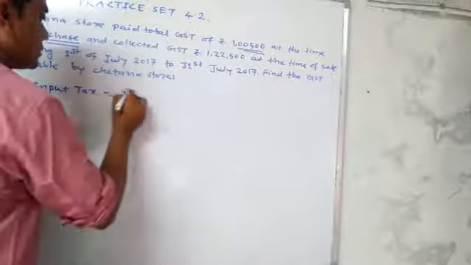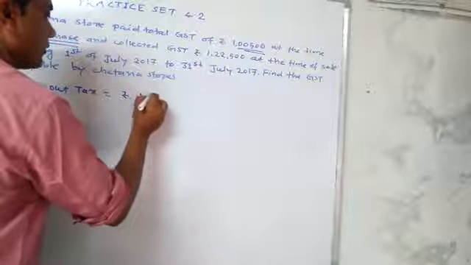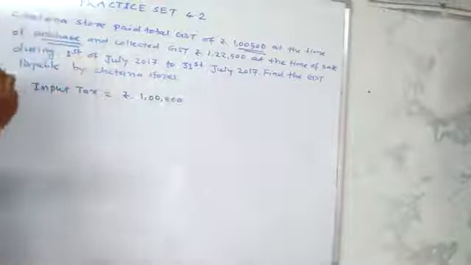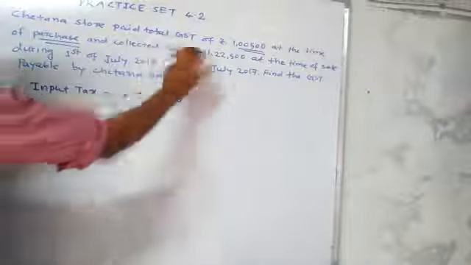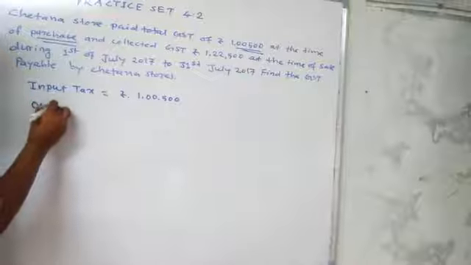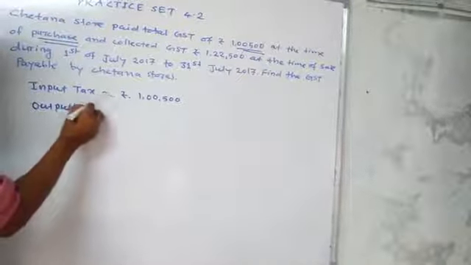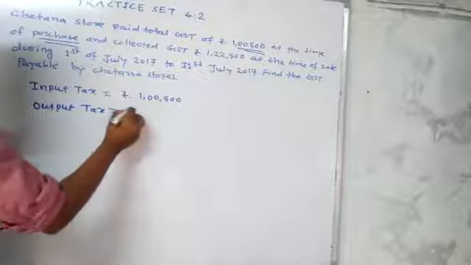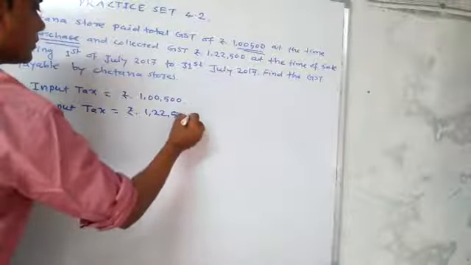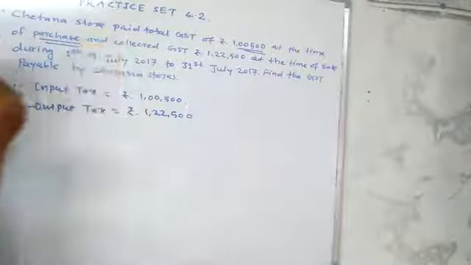And input tax is rupees 1,05,000. And trader collects GST at the time of sale, that is output tax. And output tax is rupees 1,22,500.